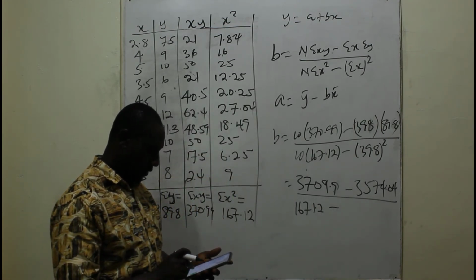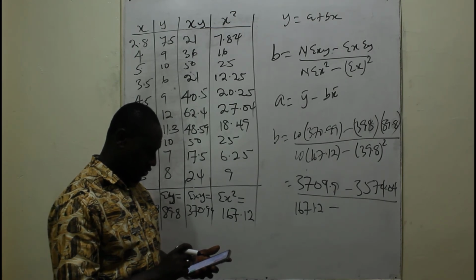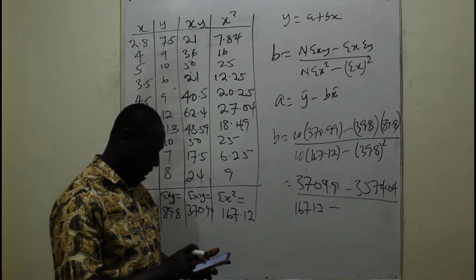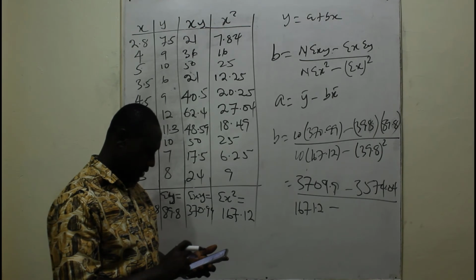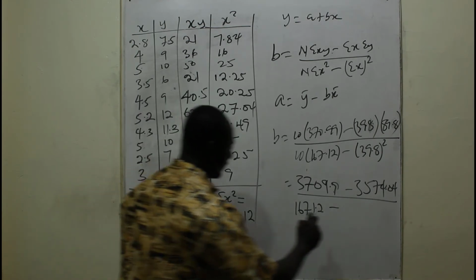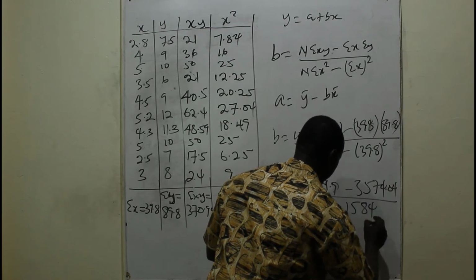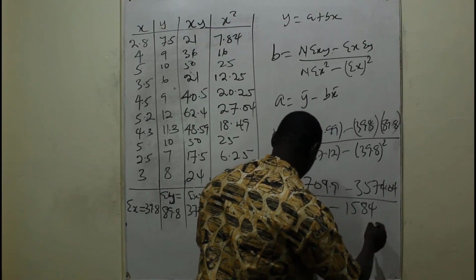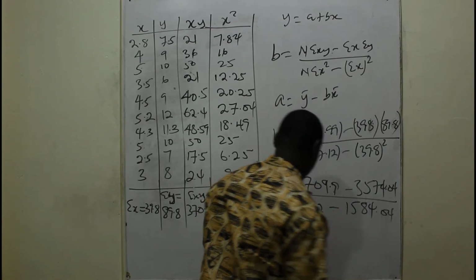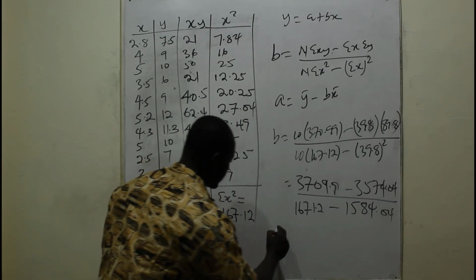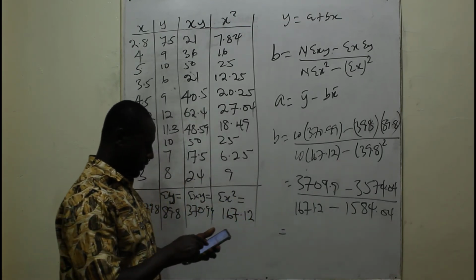So 39.8 squared is 1584.04. Okay, and so when we simplify, what are we going to get?